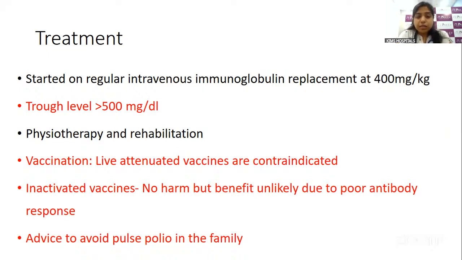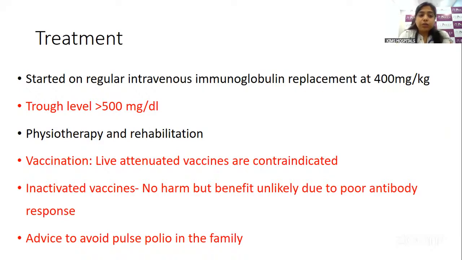So OPV should not be given to this child, and we should tell the family that any other sibling also should not receive pulse polio or oral polio vaccines, because other kids in the family can excrete the polio virus and the immunocompromised child will acquire the infection.